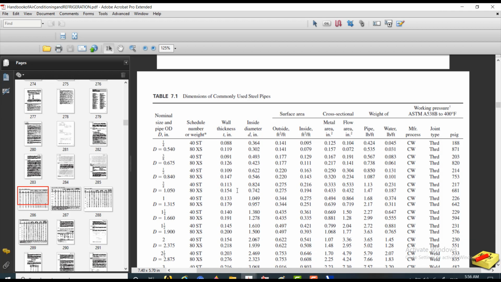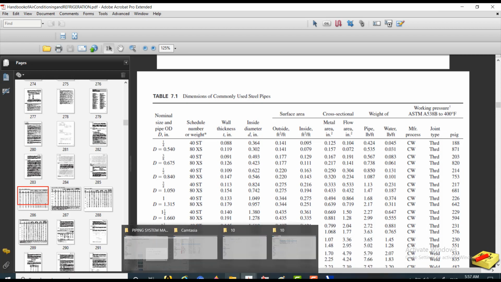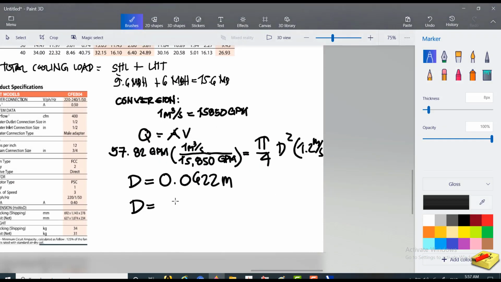Okay, so pala iba pala yan, that is copper pipes. So we go to steel pala, sorry. So titignan nyo dito, if we have your calculation kanina, so we have the value of 0.0622.